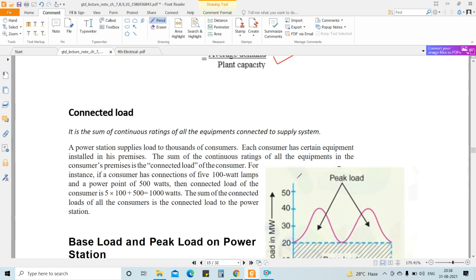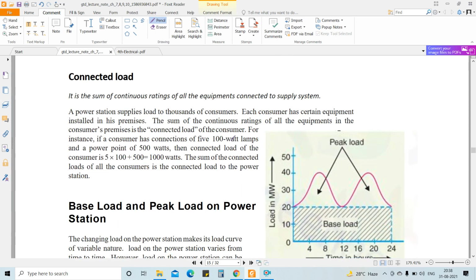Similarly, connected load is the sum of continuous rating of all equipment connected to a supply system. A power system supplies load to thousands of consumers. Each consumer has certain equipment installed in his house or premises. So the sum of continuous rating of all the equipment in the consumer's premises is the connected load of the consumer.